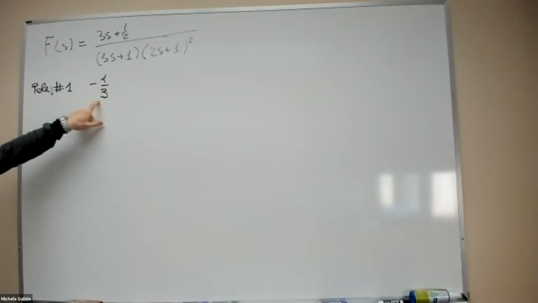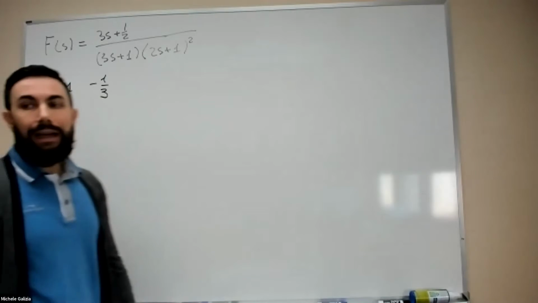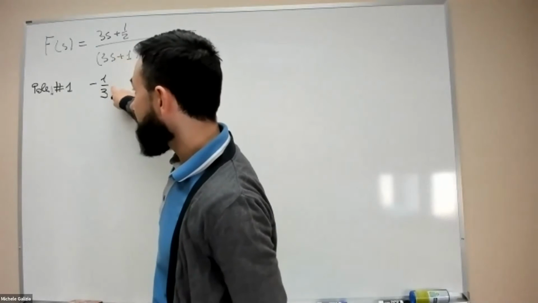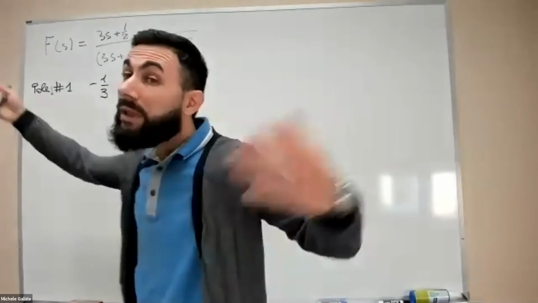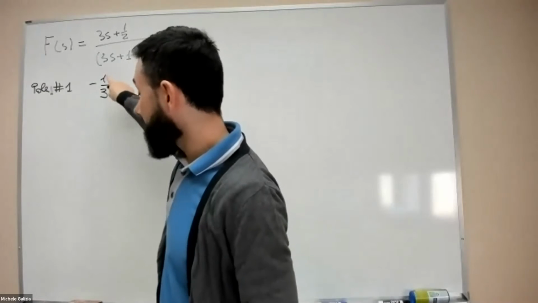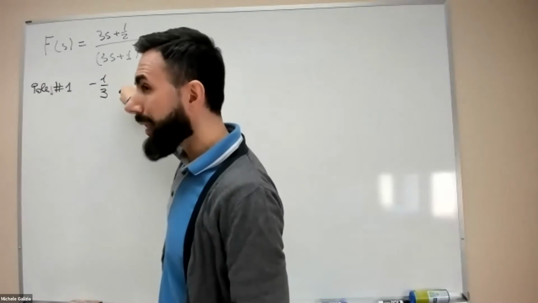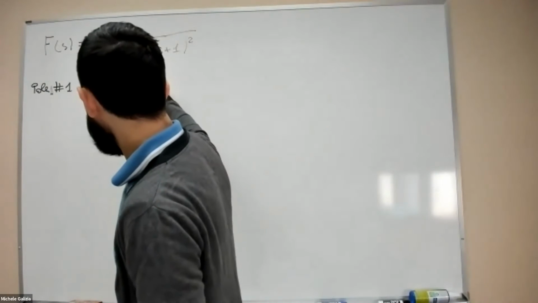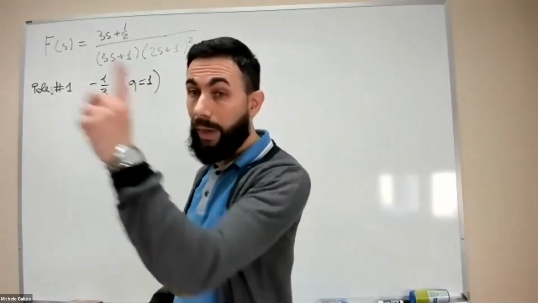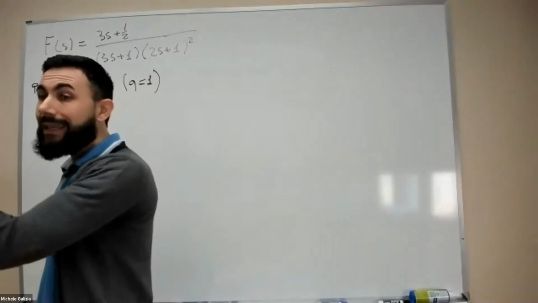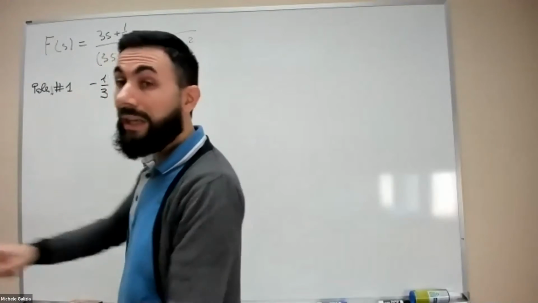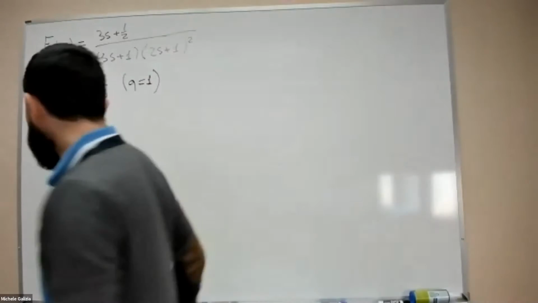No. And so, how would you calculate the contribution corresponding to this pole? With the first Heaviside theorem, because this pole is real and not repeated. q is equal to 1 for this pole. The multiplicity is equal to 1. And so we can apply, to calculate the contribution associated to this pole, the first Heaviside theorem.